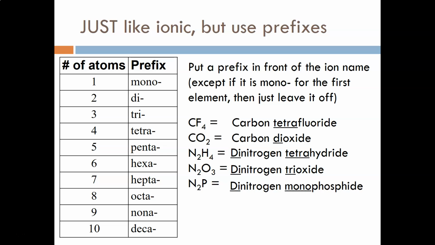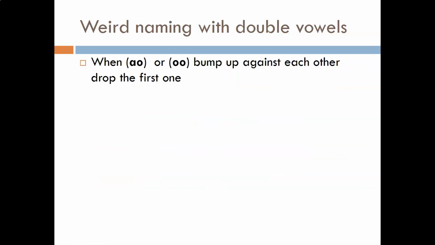There is one weird thing with the covalent names, and that has to do with double vowels. Do you see here how we ended up with the prefix and then the actual element name? When they bump into each other, there's a double vowel here. Some double vowels we leave, some we're going to fix. If you ever have an A and an O bump into each other, or 2 O's, you just drop one of them.